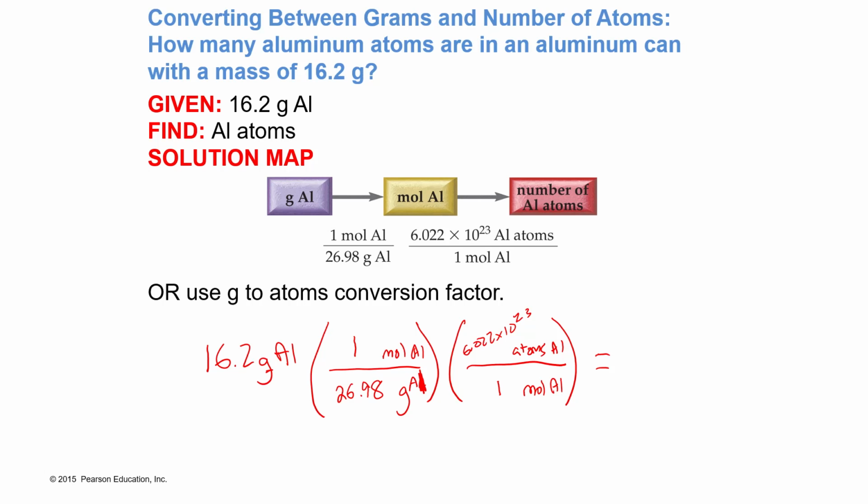So I'm going to go ahead and do this in my calculator. 16.2 times parentheses 6.022 times 10 caret 23, close the parentheses, equals. With that number on my calculator, I'm just going to click divided by 26.98. And that becomes 3.62 times 10 to the 23rd.